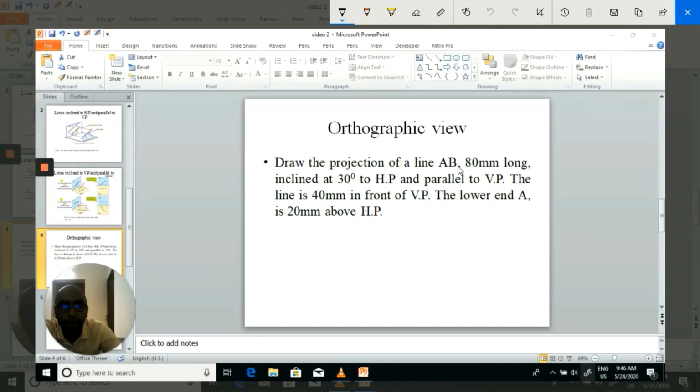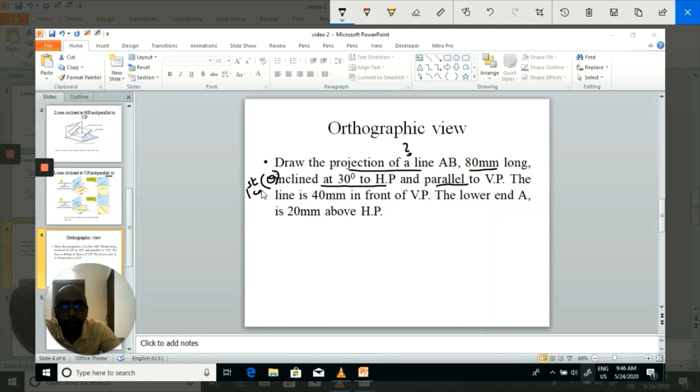It is given that AB is 80 mm long, and it is inclined at 30 degrees to HP. So theta, the angle of inclination, is given. And it is given that it is parallel to VP. So that is our first case which we discussed, a problem similar to the first case.